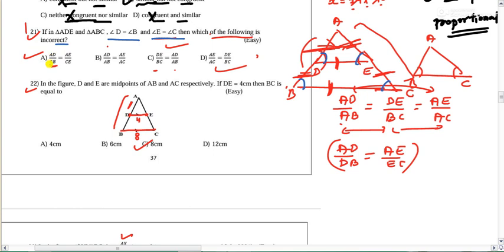A is common. AD by DB, small side, AE by CE. Okay, AD by AB, small by big. AE by AC, again small by big. DE by BC.